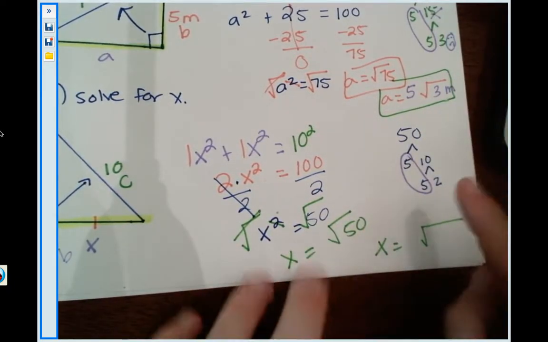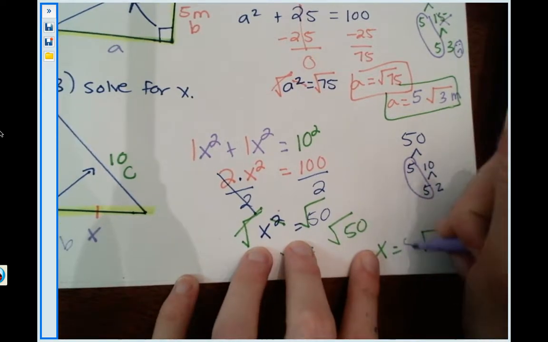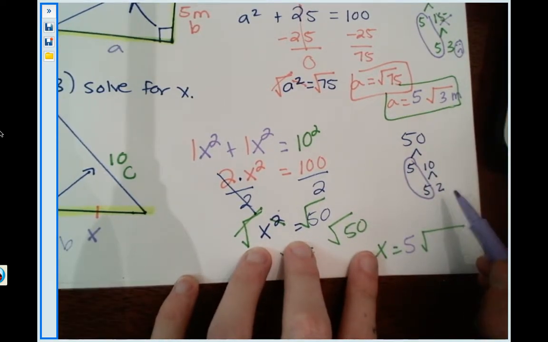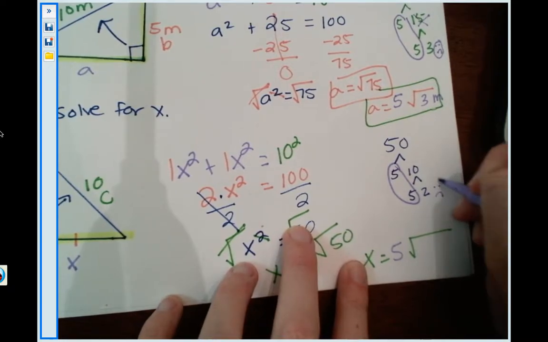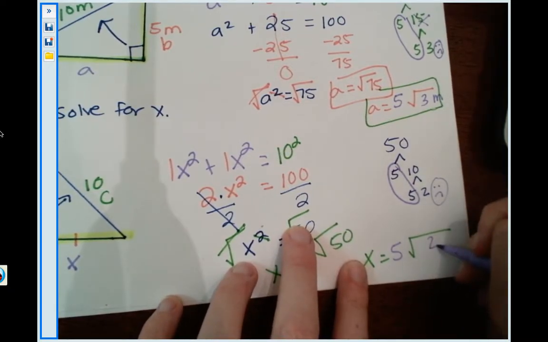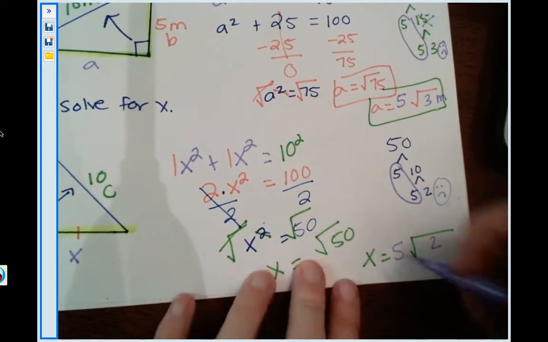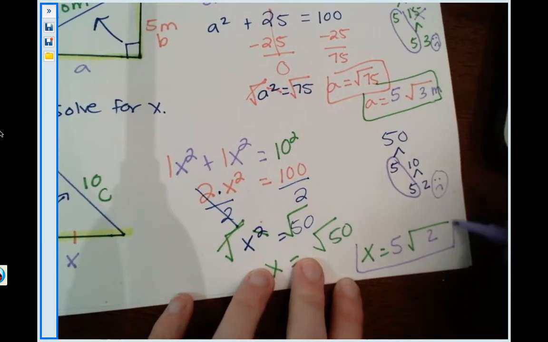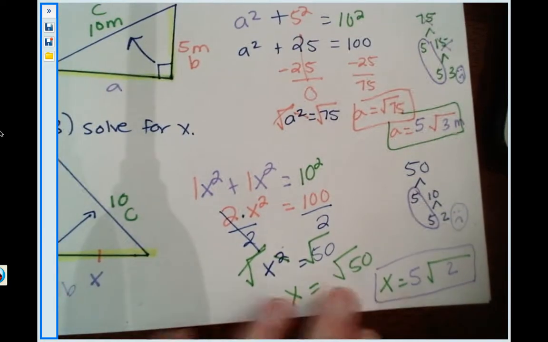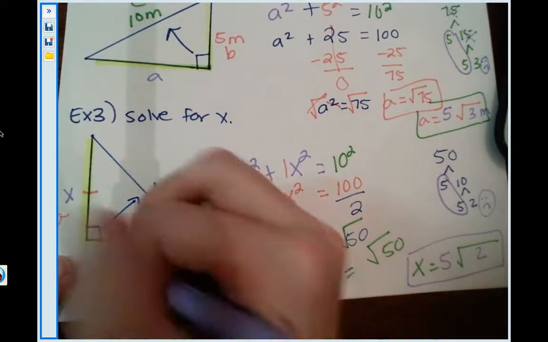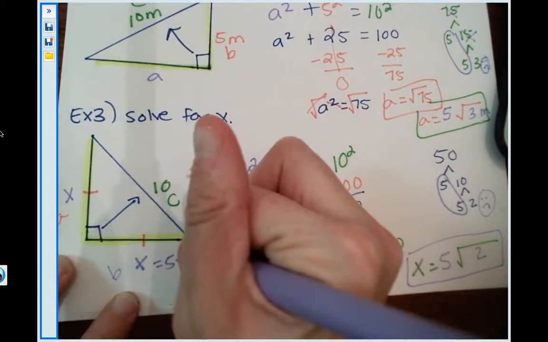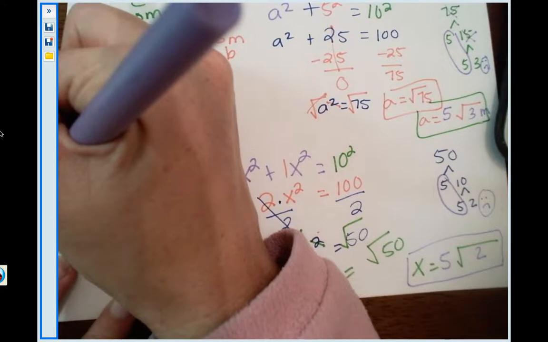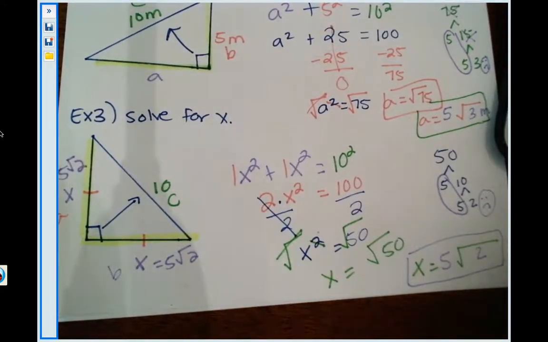So the 5s are going to hop outside my square root, and the lonely single number at the end of the branch, my lonely 2, stays inside the square root. And that, you guys, would be my final answer. The value of x is 5 root 2. So both of these sides are going to be 5 root 2, which is awesome.